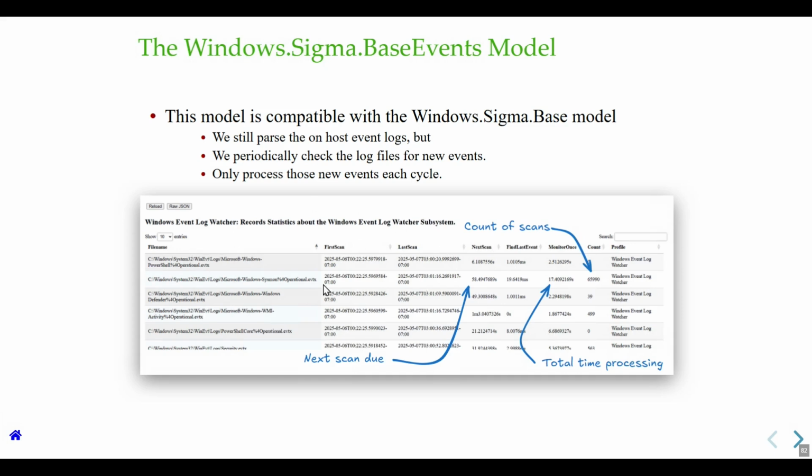And this is a screenshot from the debug console of Velociraptor. Just to show you what we can do with the event logs, we can follow the event log or check it periodically for new events, and then only process those new events as they occur, right? So in this case, this system was up for a couple of days, and we're looking at the log every minute, and checking to see when the last event was.